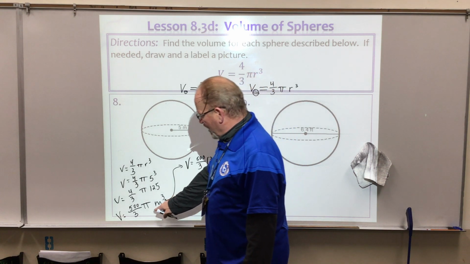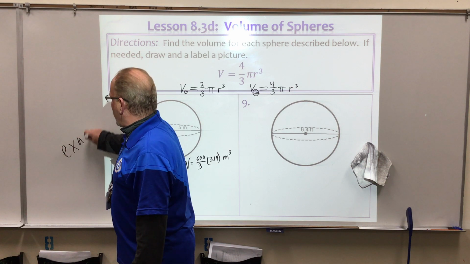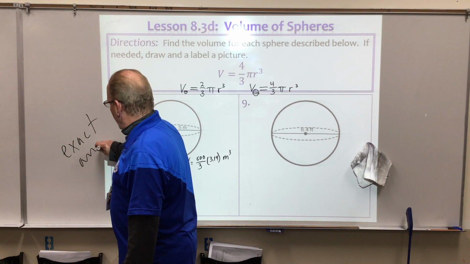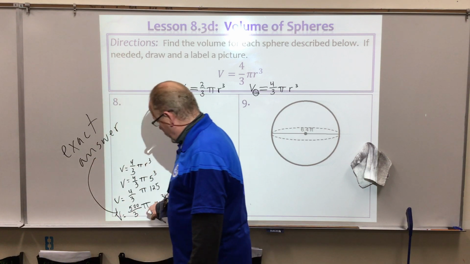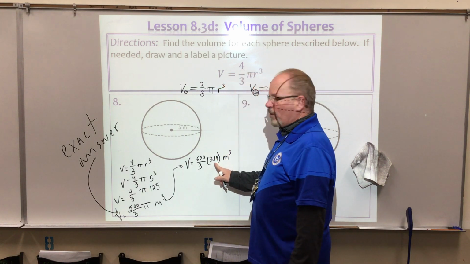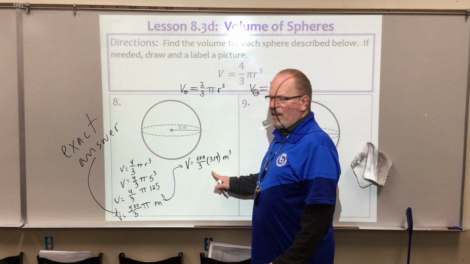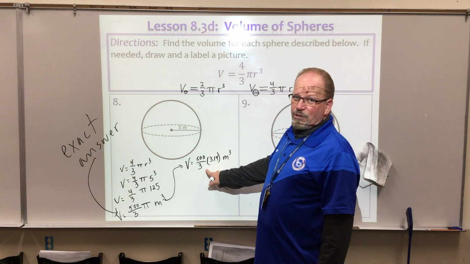If it said exact answer, exact answers have pi in them. So an exact answer would be this one with pi in it. If it says use 3.14 or approximate with a decimal, then you use this one. You're putting this in your calculator, of course.